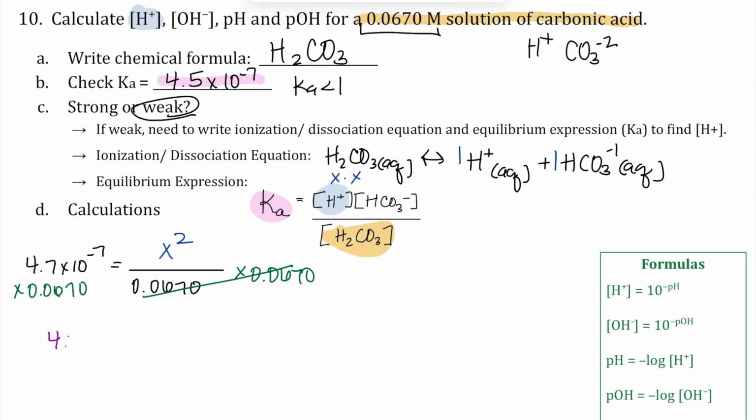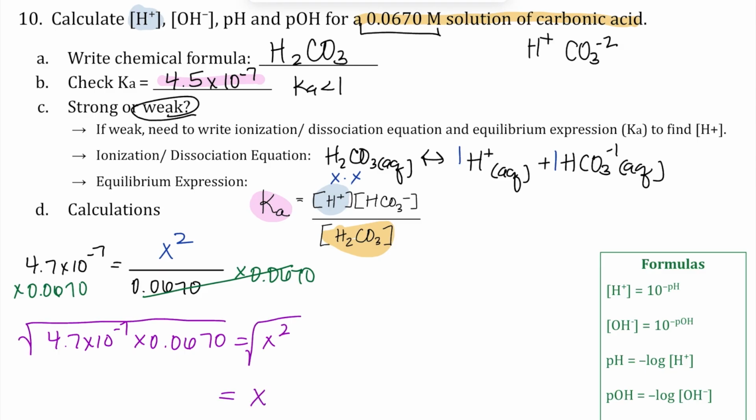So we get 4.5 times 10 to the negative 7 times 0.0670 equals X squared, and then square root both sides. When you plug all that into your calculator, we'll get 1.683, that keeps going, times 10 to the negative 4th.